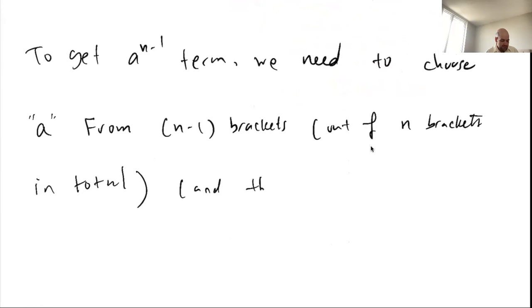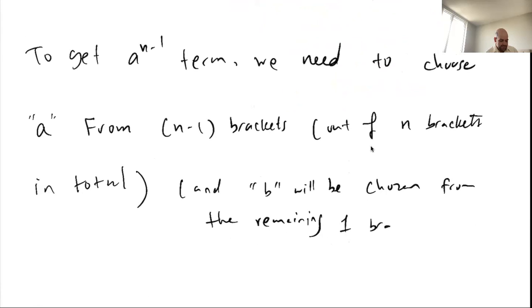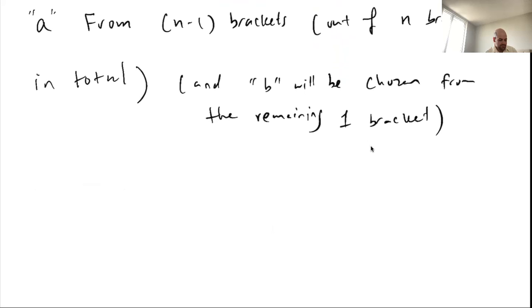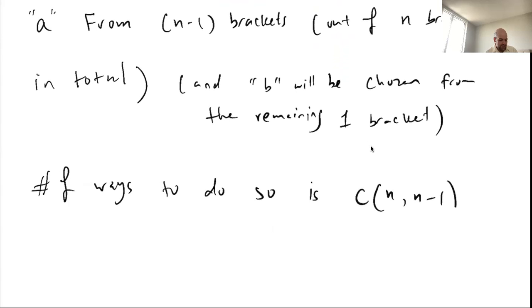And the remaining b will be chosen from the remaining 1 bracket. So the number of ways to do so is C(n, n minus 1).